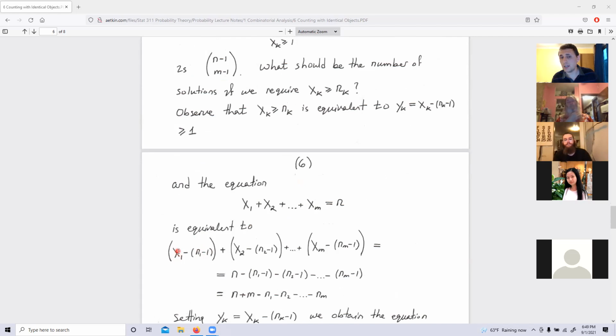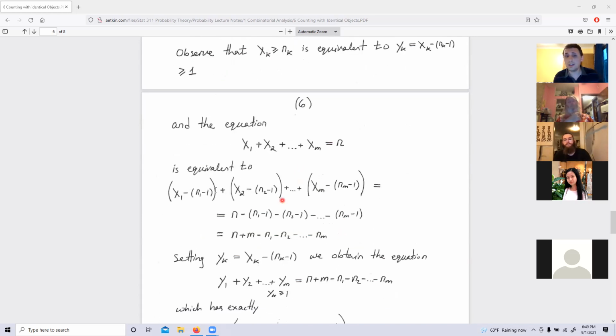Because if x1 is bigger than or equal to n1, then this difference is bigger than or equal to 1. This difference is bigger than or equal to 1, and onwards. And then by subtracting n1 minus 1, n2 minus 1, and nm minus 1 from each of them, I balance the equation by subtracting from the right side the same things.